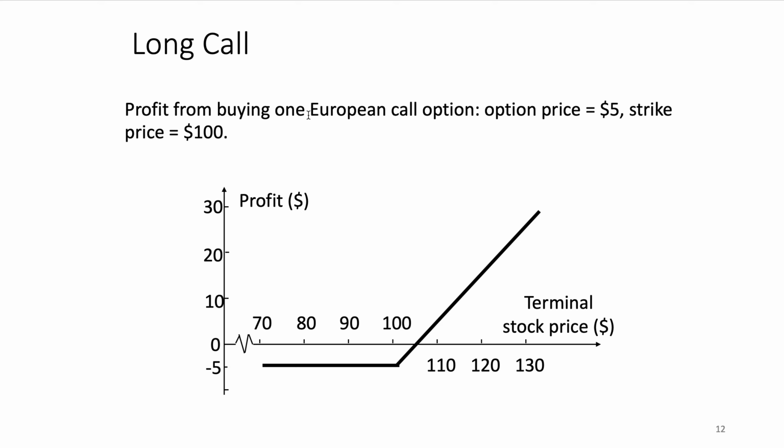Here is a European stock option. You buy a stock call option, you're betting the stock will go up. So the option price is $5. The strike price, or sometimes we call it exercise price, is $100, assuming this is a European option.